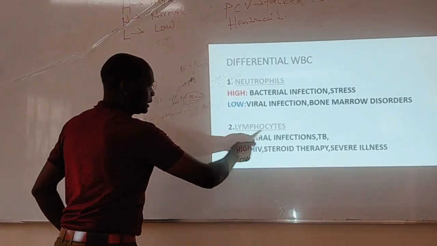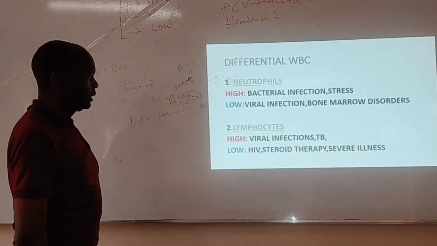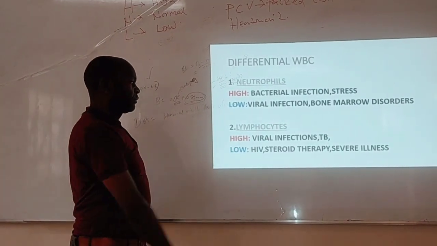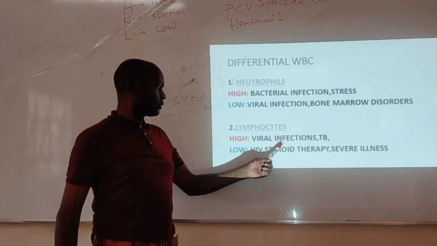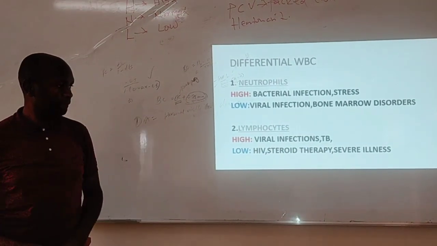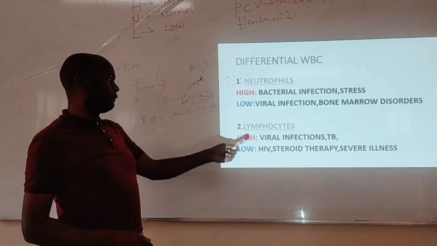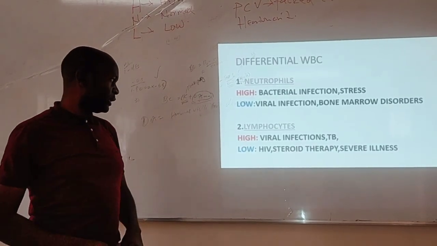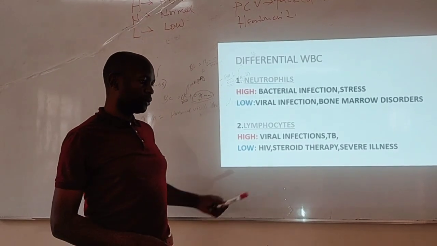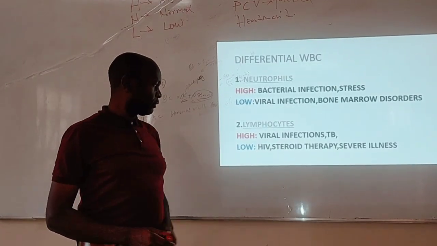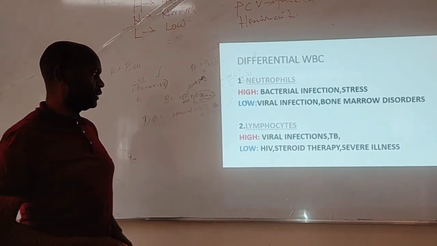When the lymphocytes are high, they also indicate the patient could be having a viral infection, sometimes also TB. And when the lymphocytes are low, then these patients will be having a chronic disease. An example of a chronic viral disease is HIV.